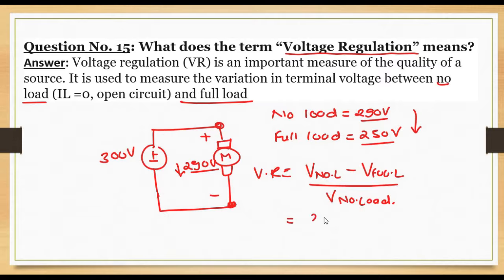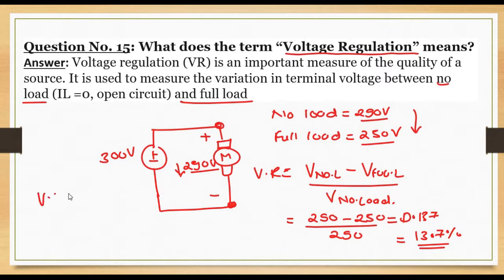So this will be 290 minus 250 divided by 290, which comes to 0.137, or 13.7%. Ideally we expect the value of voltage regulation to be as low as possible. The lower the value of voltage regulation, the higher will be the efficiency of that system.